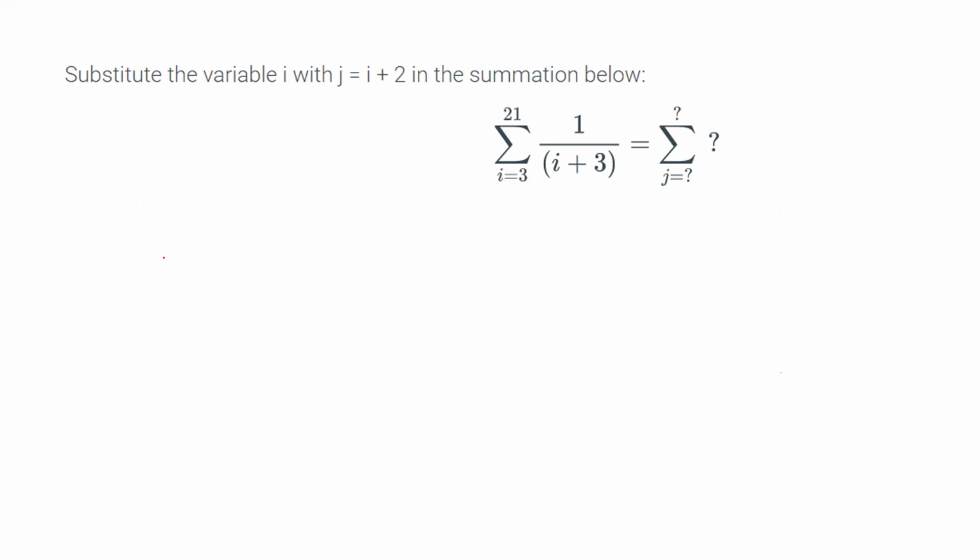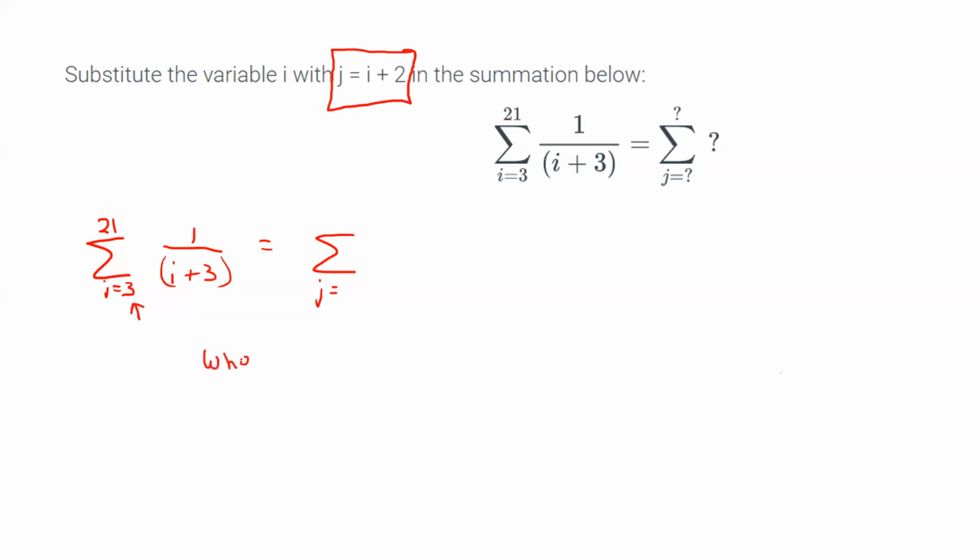We're going to start with this summation I equals 3 up to 21, and we have 1 over I plus 3. And I want to write it in terms of J, where we have this relationship here, J equals I plus 2. So I'll start down here with J, and then I'll look here and say, when I is 3, what's J?